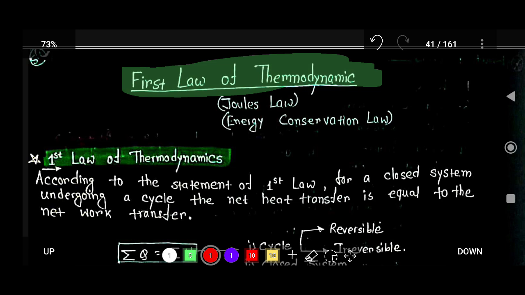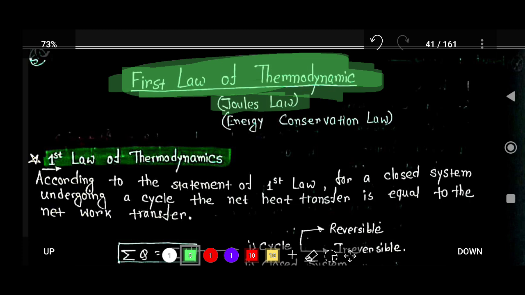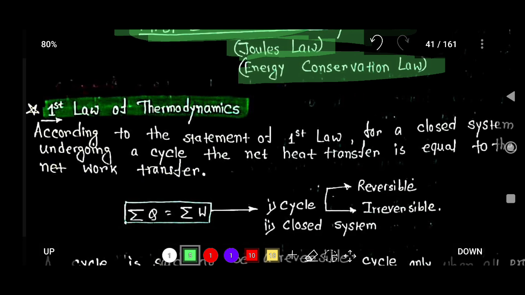So here, this is the fourth chapter of thermodynamics, that is, the first law of thermodynamics. The first law is also known as Joule's law or energy conservation law. So what is the first law?